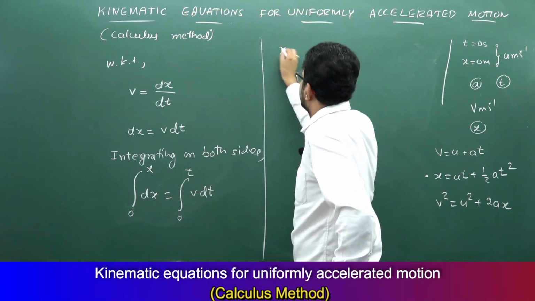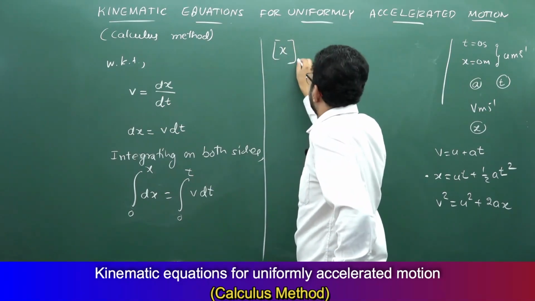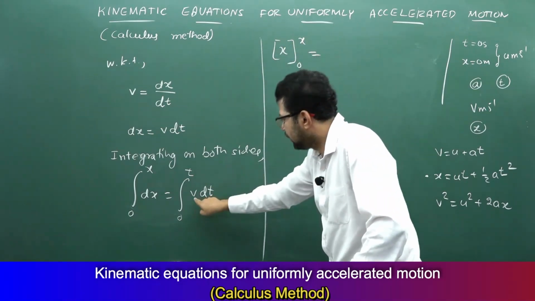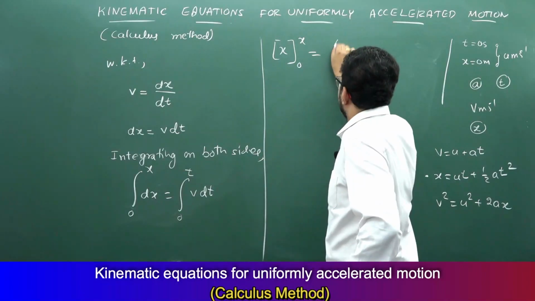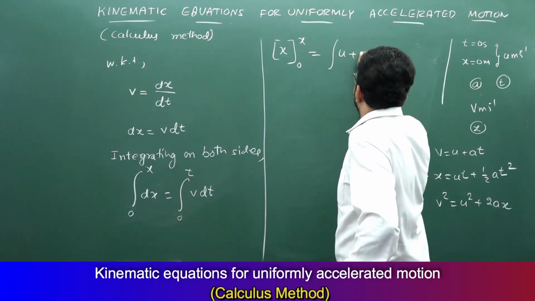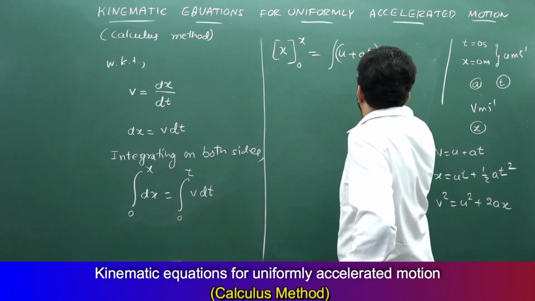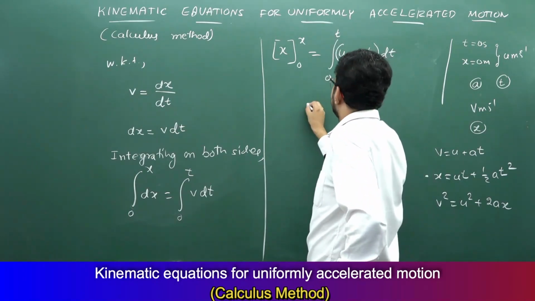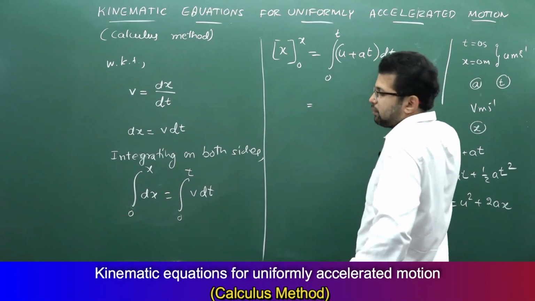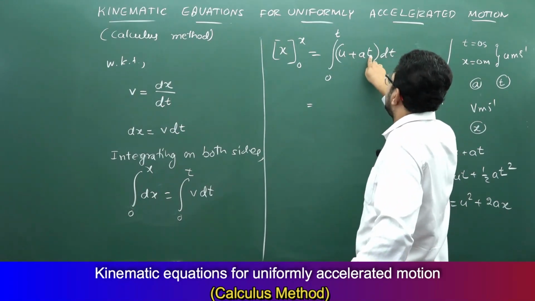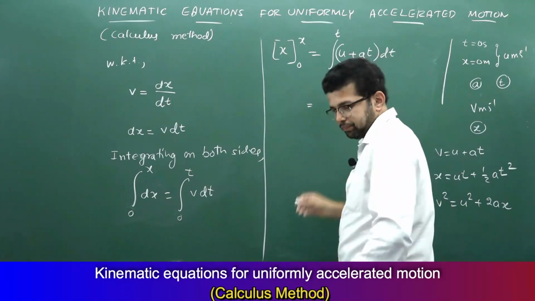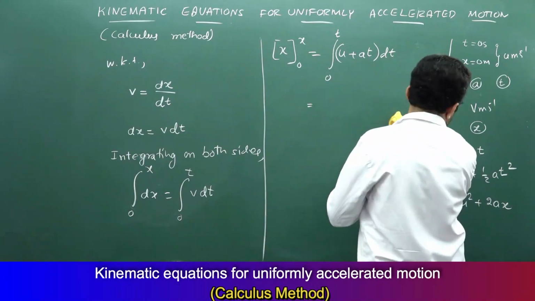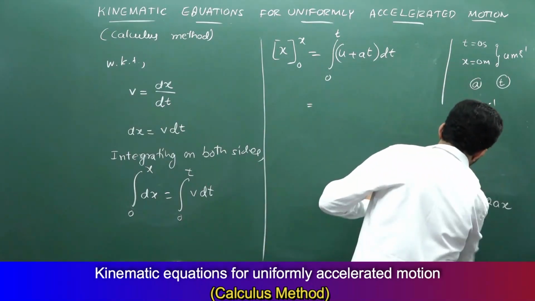Integration of dx is x between the limits 0 and x is equal to, I will substitute for v, integration of u plus at with respect to t between the limits 0 and t. So, what is the next step? Integration of u with respect to t plus integration of at with respect to t.